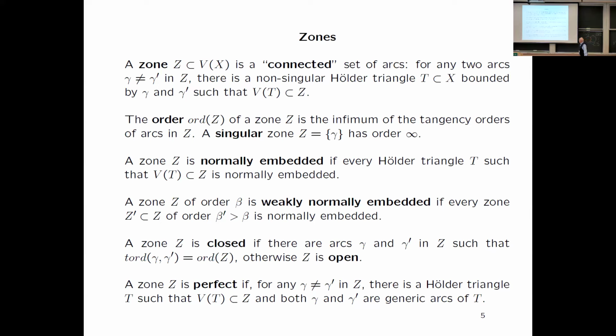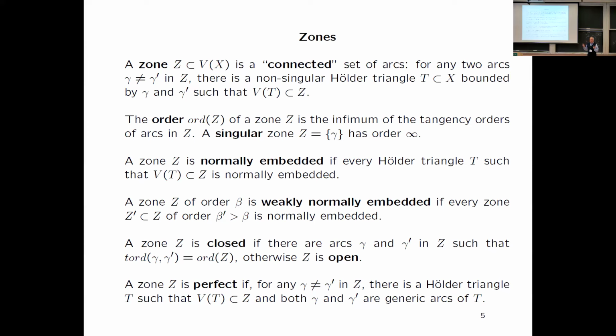And there are closed and open zones. Well, again, because of this peculiar non-Archimedean metric, this exponent beta may be an infimum or supremum or minimum of all exponents.